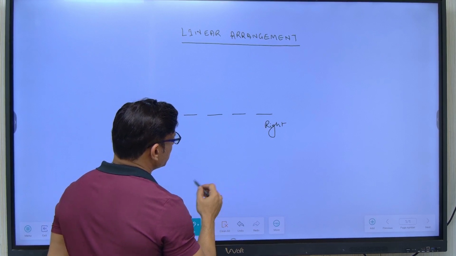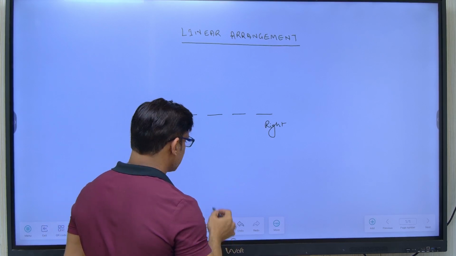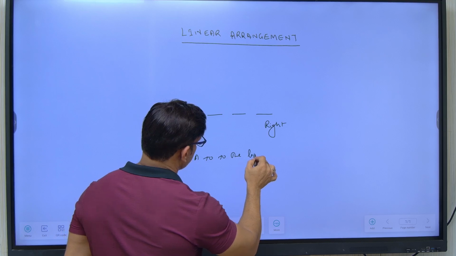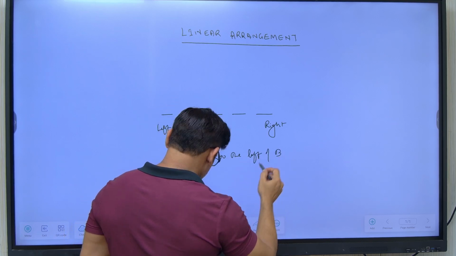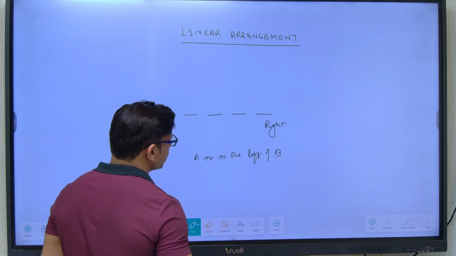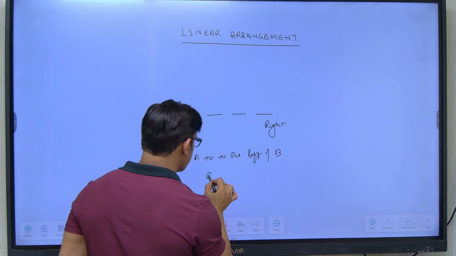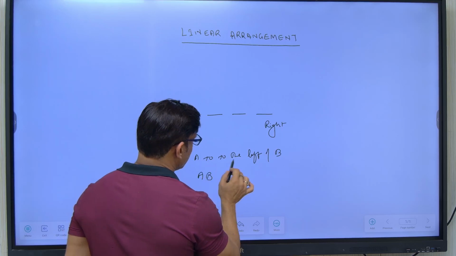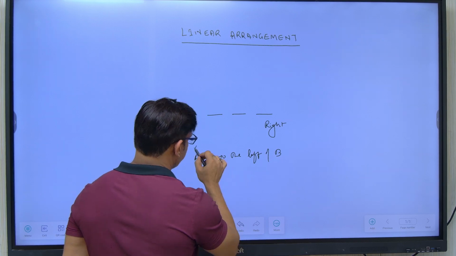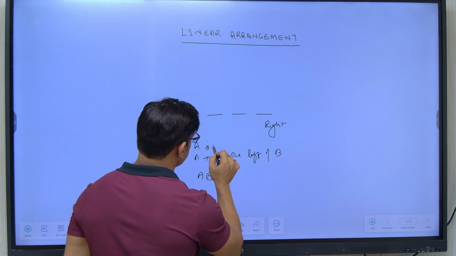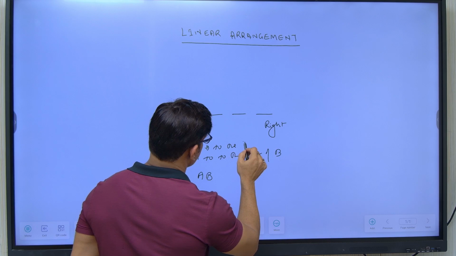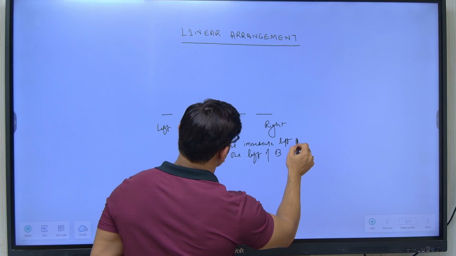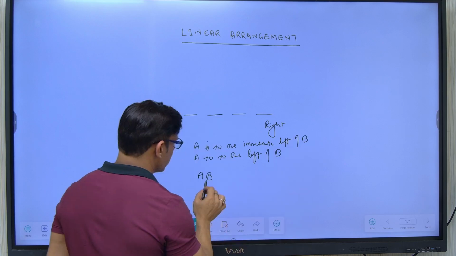If nothing has been mentioned about where they are facing, and they say that A is to the left of B, that means A is left of B, so this is how you should write it. And if I say A is to the immediate left of B, these are two different statements.